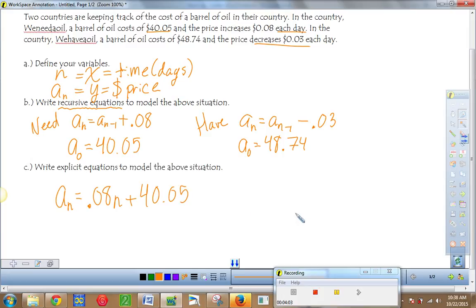Very nice. How about this guy? Yes, negative 0.03n. Good. Cool? Not too bad? Alright, good.